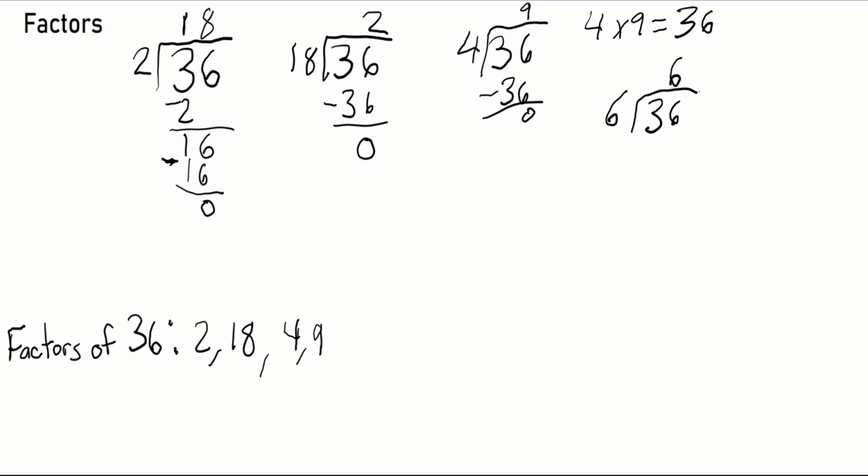But it appears twice in this equation. Here and here. Because we are concerned with unique factors, we only include 6 one time in our list.